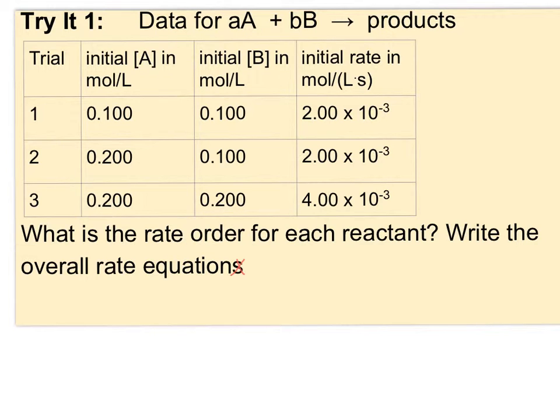Doubling concentration doubled the rate. So my rate would be k, my specific rate constant, times the concentration of A to the 0 power times the concentration of B to the first power, which would be considered first order overall, or this could be simplified to just k times the concentration of B.